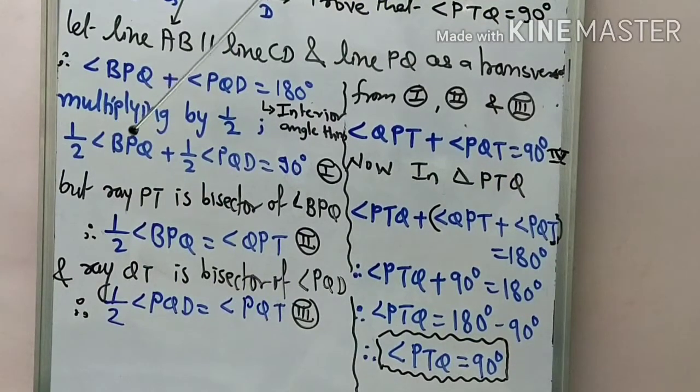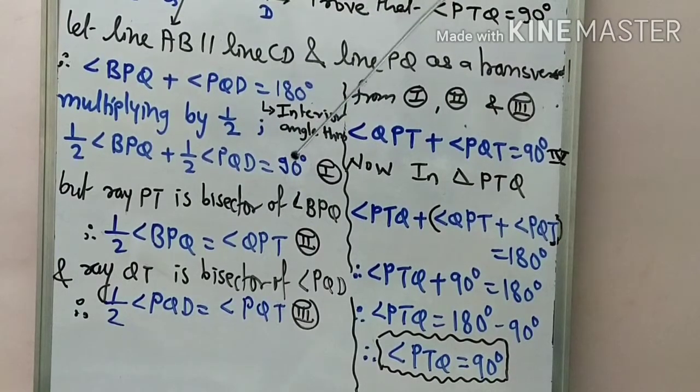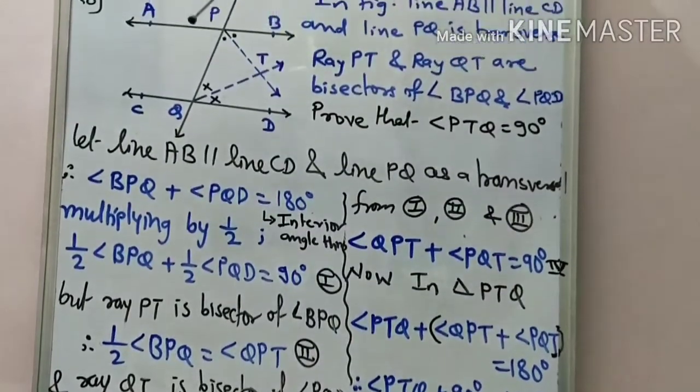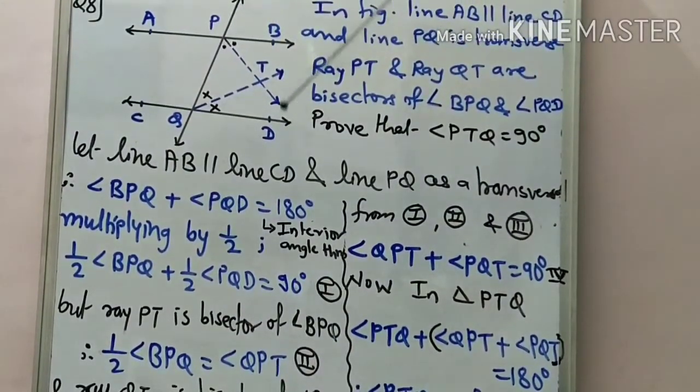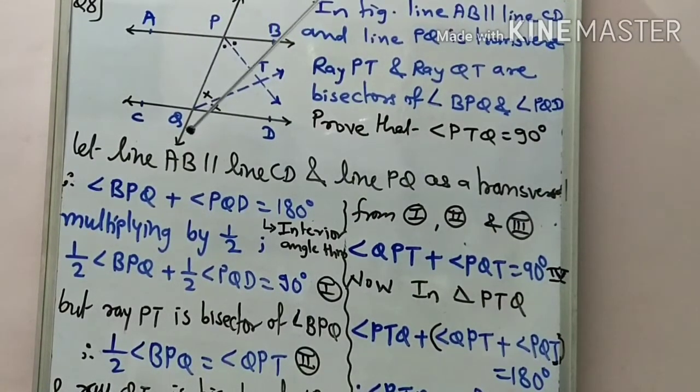Then we multiply both sides by half: half of angle BPQ plus half angle PQD is equal to half of 180 degrees, 90 degrees. And here we change these angles, as ray PT is a bisector of angle BPQ. As you notice in this figure, PT is a bisector of angle BPQ, means these two equal parts are half of BPQ.